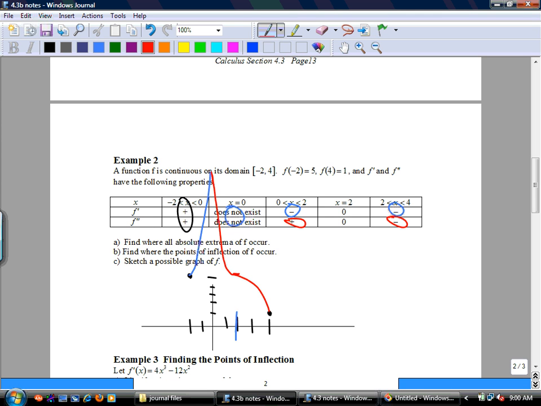What do we know? Find where all absolute extrema occur. A, where is the absolute max? Where's the absolute min?